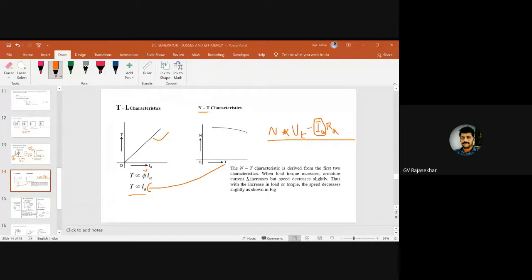While writing in the examination, suppose the question is asked like this: explain about different characteristics of a DC motor. Then don't simply draw the three characteristics and leave it. You need to explain because it is asked to explain. It is not asked like this: draw the characteristics of a DC motor. If that is the question, then you can simply draw and leave it in the answer script.